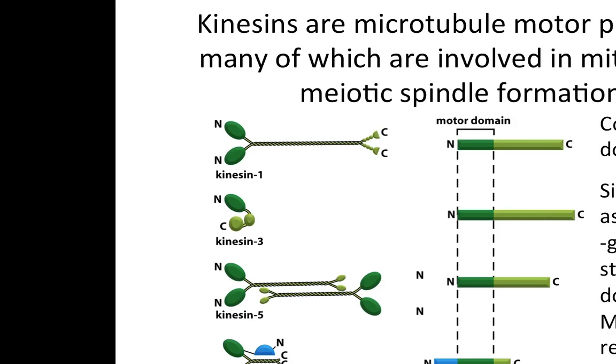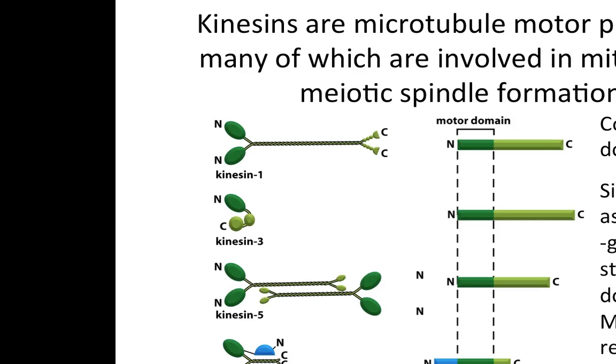Okay, so let's move on to kinesins. Kinesins are microtubule motor proteins, many of which are involved in mitotic and meiotic spindle formation. Again, conserved motor domains make sense, right? They all walk along microtubules. They have a similar structure as myosin, that globular head in a middle coil region.